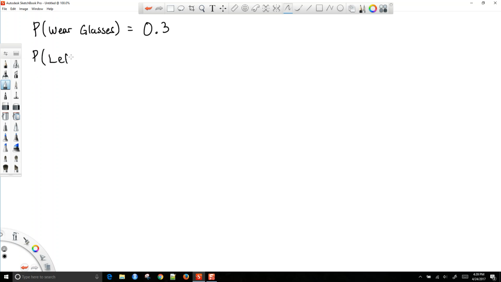And then we'll say some people are left-handed, and just for simplicity, the probability of left-handed is 0.1. And the probability that someone both wears glasses and is left-handed, I'll put 0.03, okay?